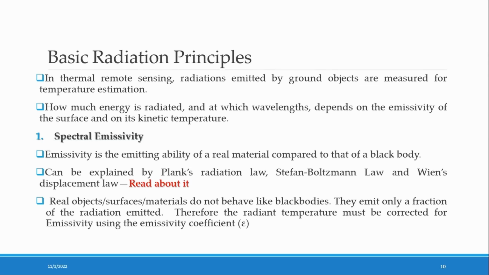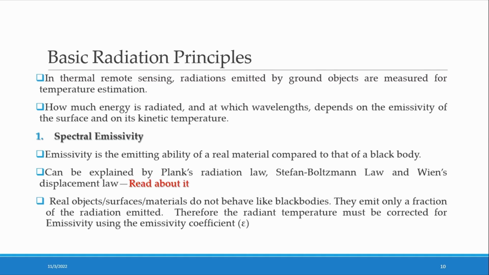Therefore, how much energy is radiated or measured by the sensor at different wavelengths will depend on the emissivity and then the kinetic temperature. These are the two main factors that determine how much energy is recorded by the sensors during thermal remote sensing.